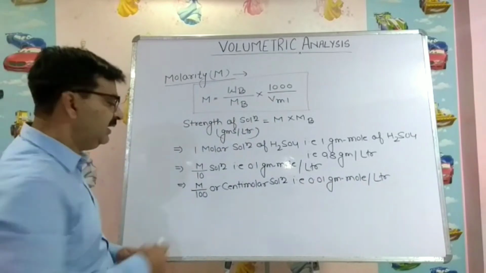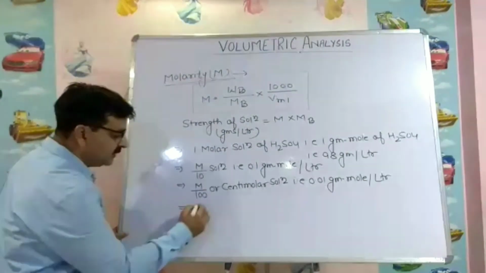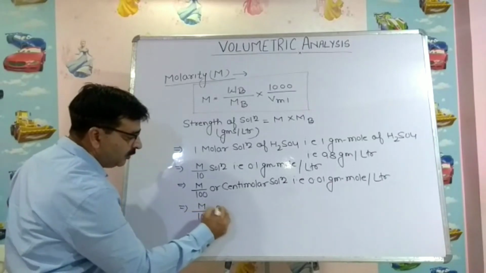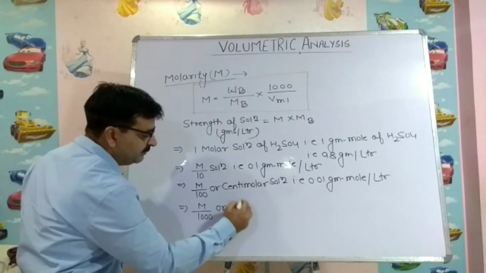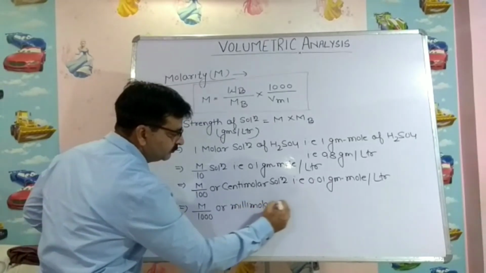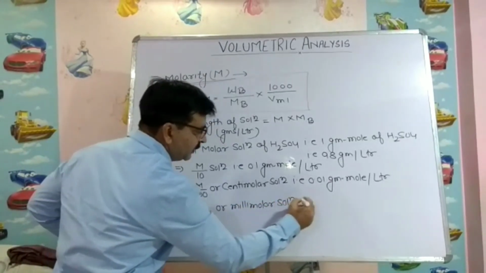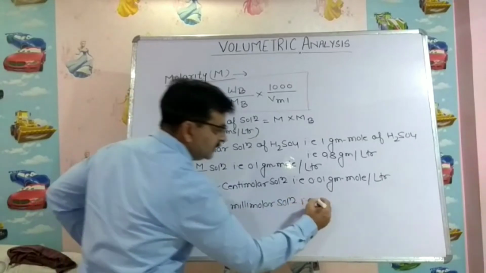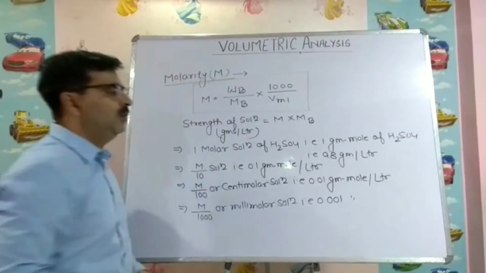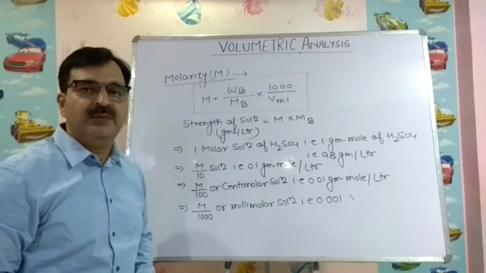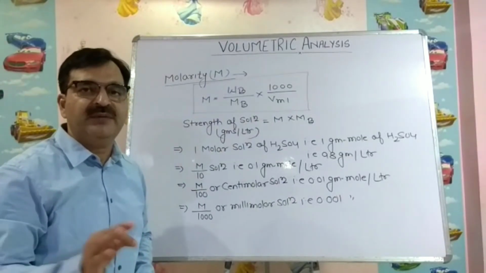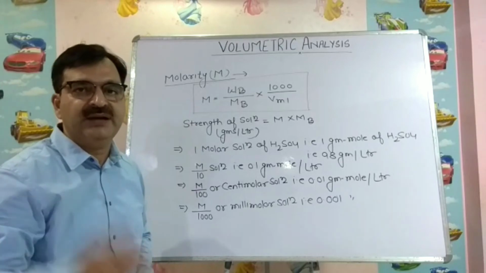Similarly, if we have M by 1000, it is termed as millimolar solution, that is 0.001 gram mole of H2SO4 dissolved per liter of solution, that is 0.098 grams of H2SO4 per liter of solution.